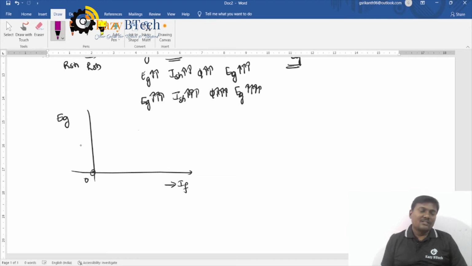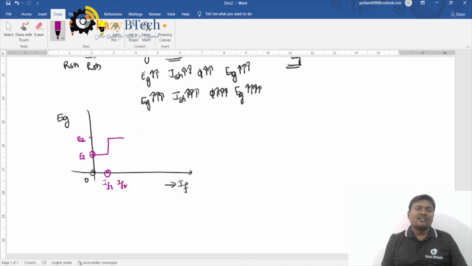The field current is 0, some flux is present, and the residual voltage will be present in the armature. After that, the field current is slowly increased, now it will be IF1, and again the generated EMF increases. Let us say this is E2 and this one is E1. After that, the field current increases again.